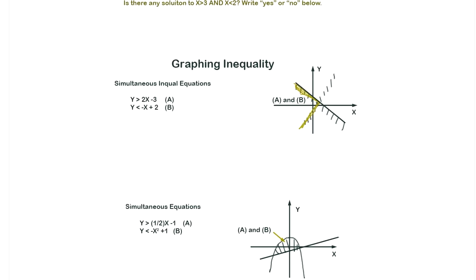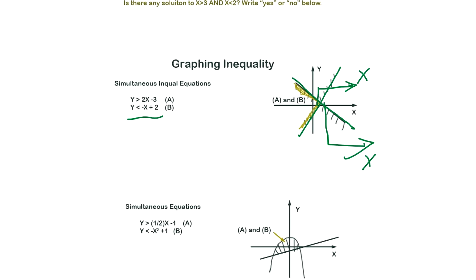So in this case, 2x minus 3, something like that, and y is larger over this. y is smaller than negative x, so it's going to be like that, and y is negative, so we're talking about this range.